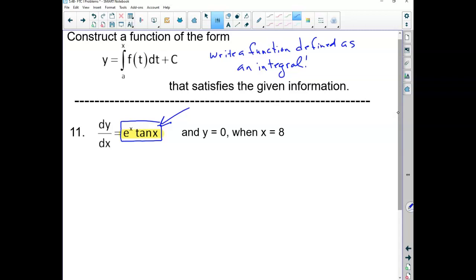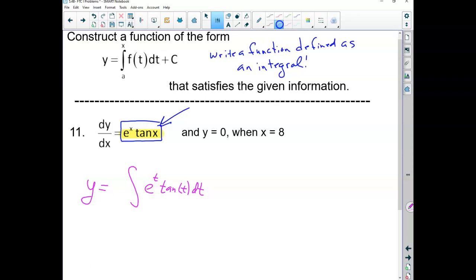I can say this really easy. My y is going to equal the integral from something to x of e to the t times tangent t dt. We are undoing what we did before.